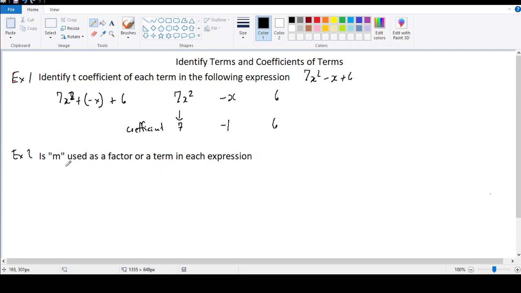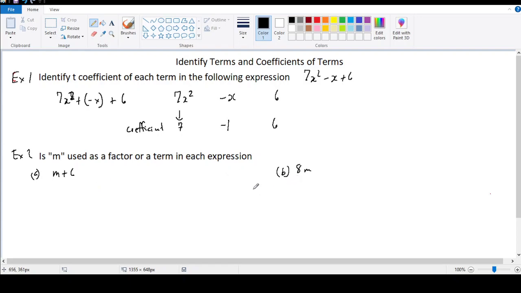The expressions are m plus 6 and 8m. We begin by determining whether m is involved in an addition or multiplication. This is addition, this is multiplication.